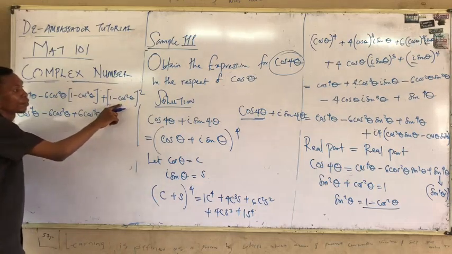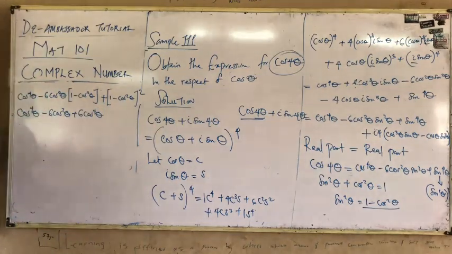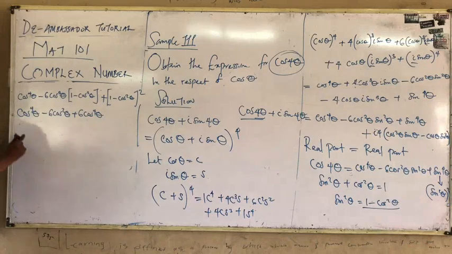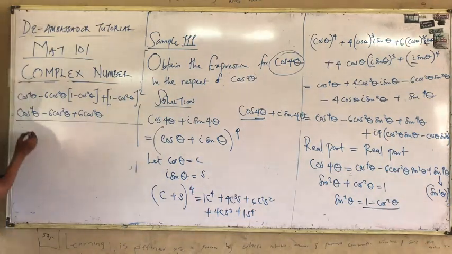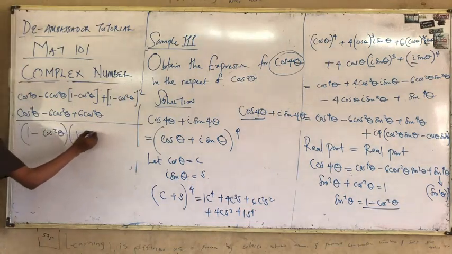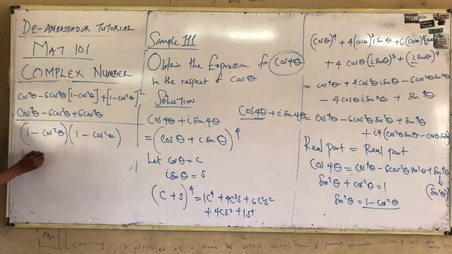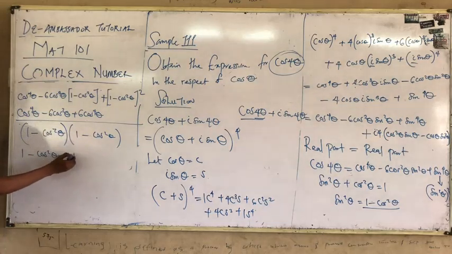Now open the square: 1 minus cos square theta times 1 minus cos square theta.